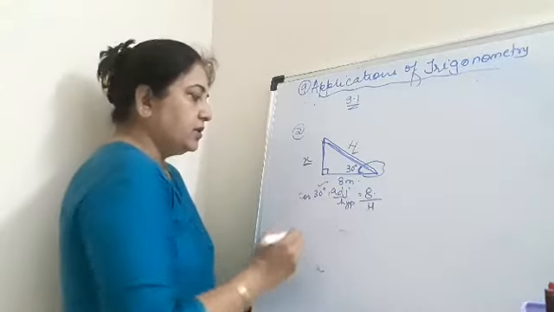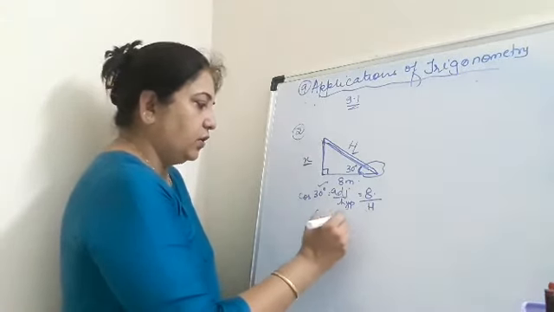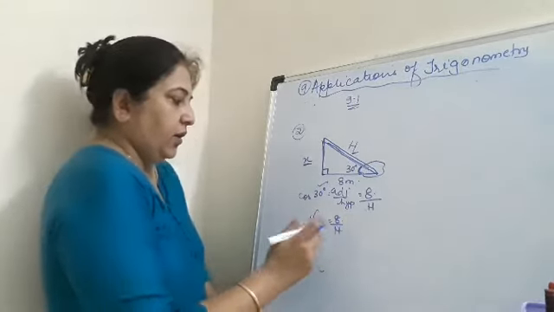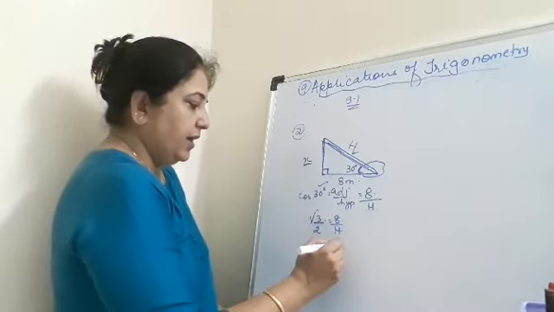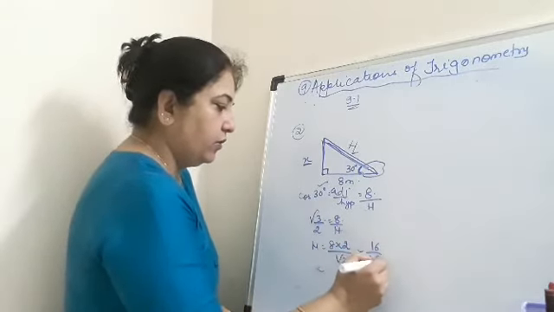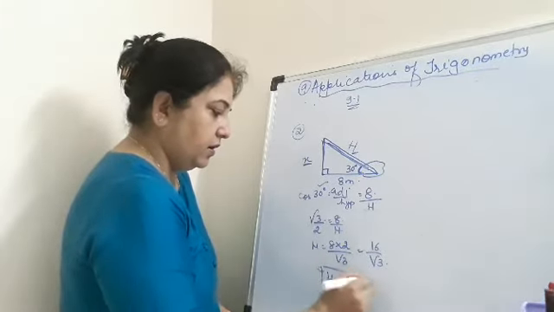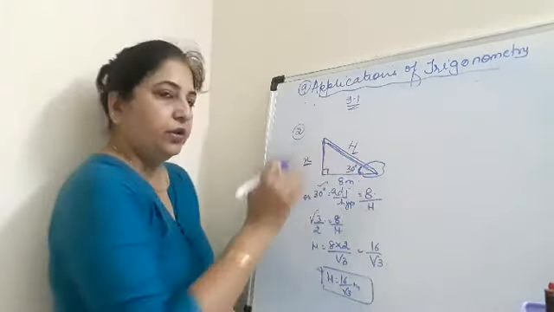Cos 30 is root 3 by 2, which is equal to 8 upon h. Now h will be equal to 8 into 2 upon root 3, which is 16 upon root 3. This is the length of the hypotenuse.